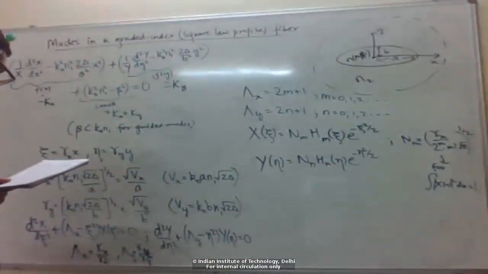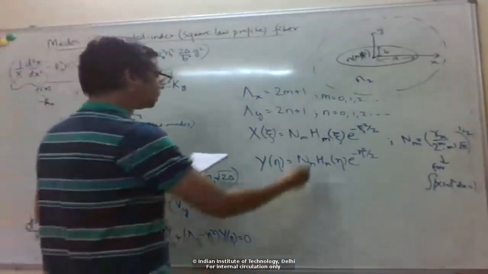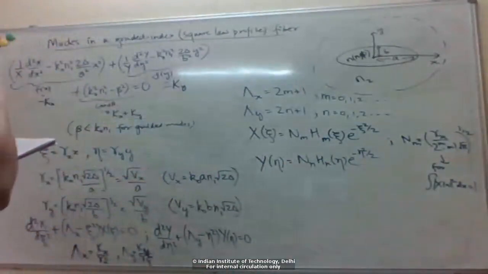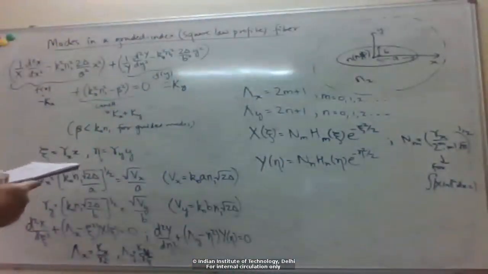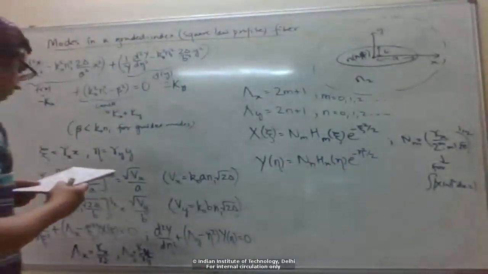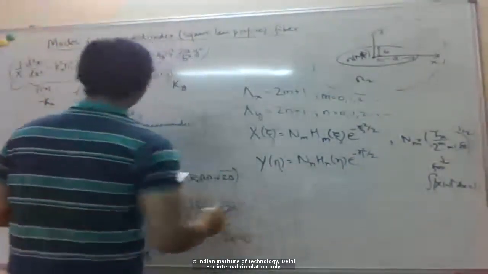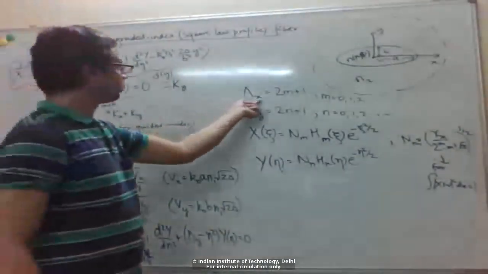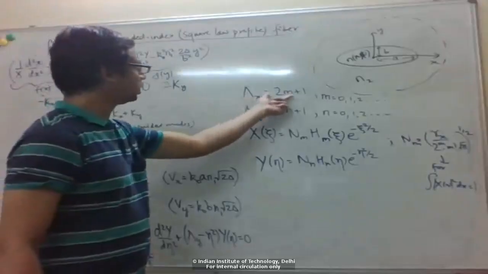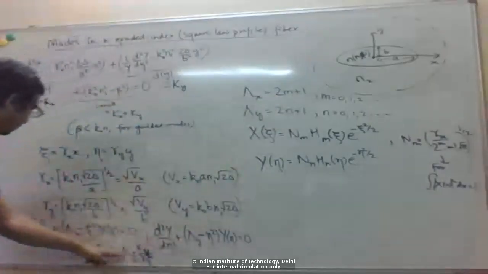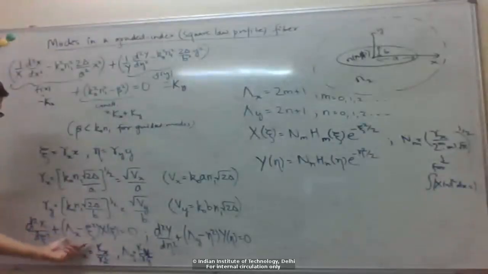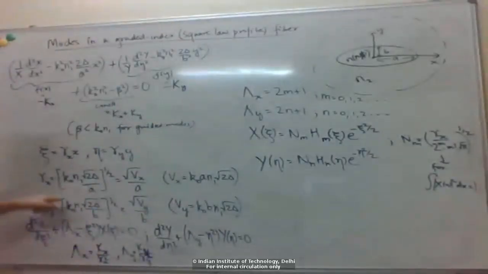Okay, so these are the Hermite polynomials again, right? Defined in the same way that we defined for the slab. And then, right, so now, if this capital lambda we know is some integer, from there we can get capital Kx also some integer times this gamma x square, right?